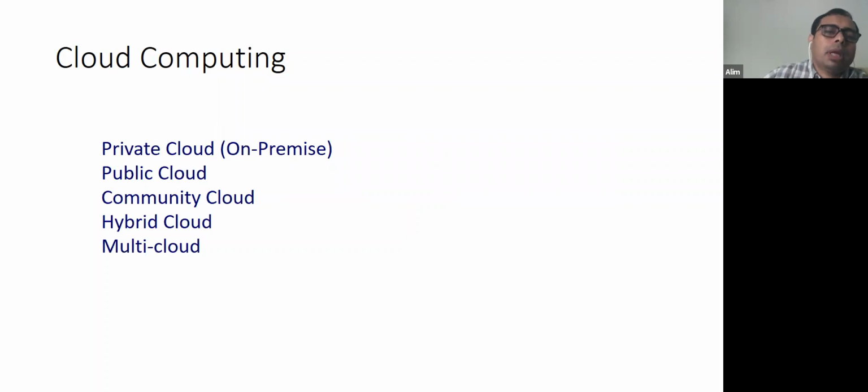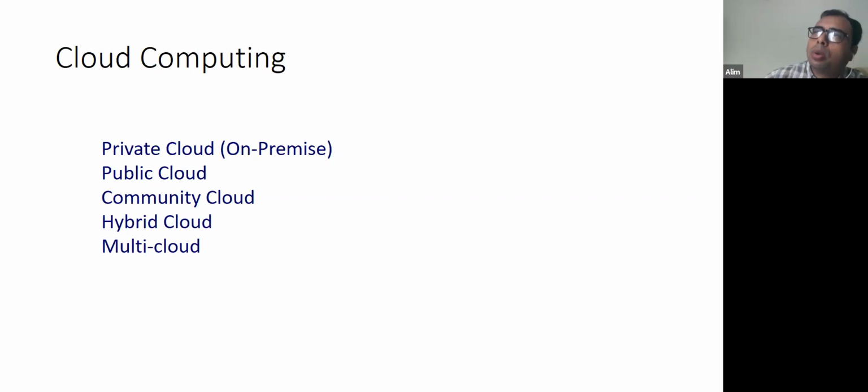So there are different types of cloud computing deployment models. The private cloud, on premise. Private cloud means nowadays many organizations use their own virtualization technologies, as I mentioned earlier, and they create their own cloud for their use.